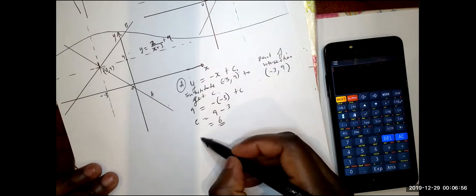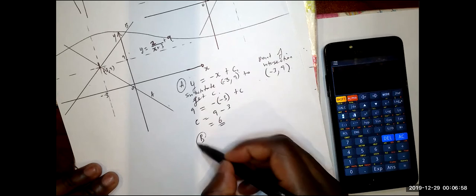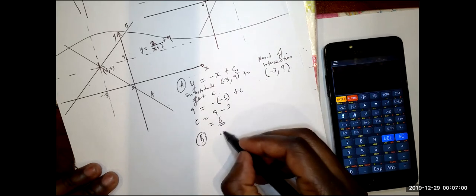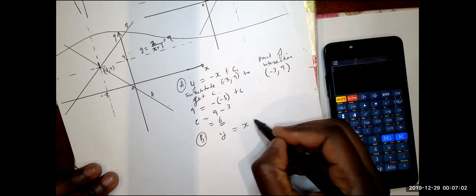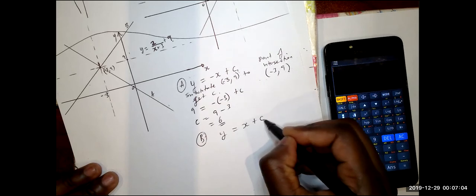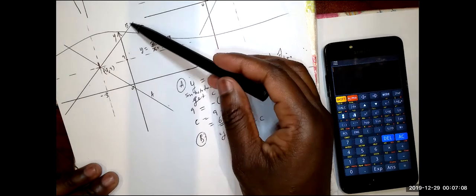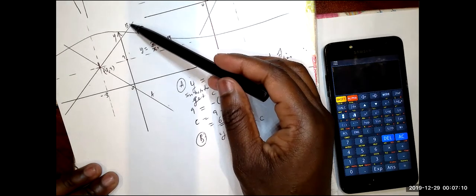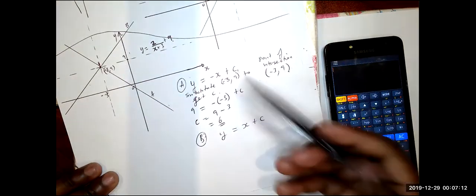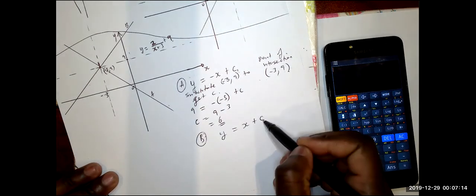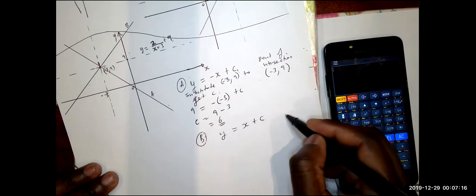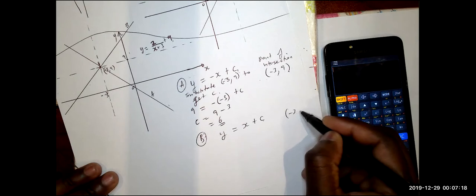Then on equation b, on the other hand, it's y equals x plus c. Why are we saying that? Because it's an uphill. If you remember very well, it's an uphill, a positive gradient. Then the other one is downhill, which is a negative gradient. Then we substitute again our point -3 and 9.